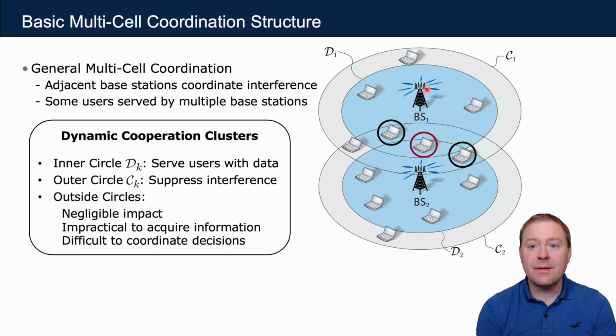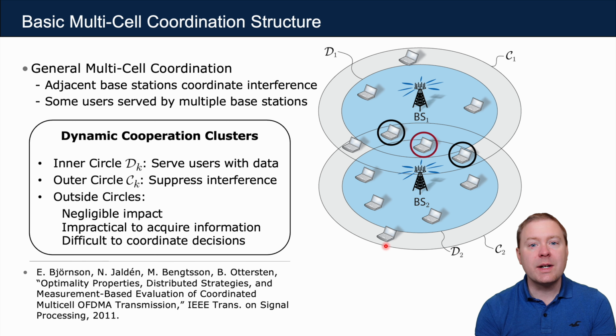So it will receive its data from base station 1, but both base stations will avoid causing interference to the user. And some users can be very far away so that they are only affected by one of these base stations. So here is one user only affected by base station 2, and one user for whom only base station 2 is caring about the interference, but not base station 1 at all.